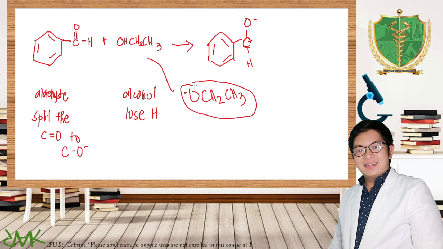So this one will be bonded to this one. It attaches here, and once attached, this forms our OCH2CH3. Who was lost here? Hydrogen. Who was lost from the alcohol? Hydrogen. Where does it go? To the OH.